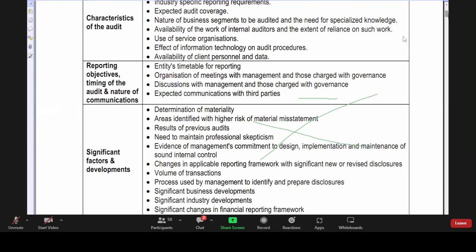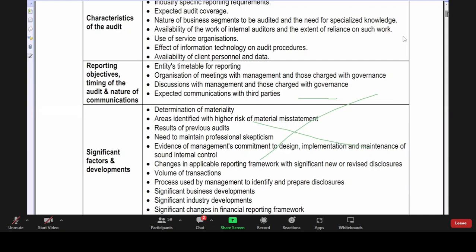Discussions with management when you're going to have them. We normally have quite a number of discussions on findings, discussions of the status of the audit, and then the audit committee also. Unexpected communications with third parties like banks, lawyers, debtors, creditors, the regulators in case there is need.